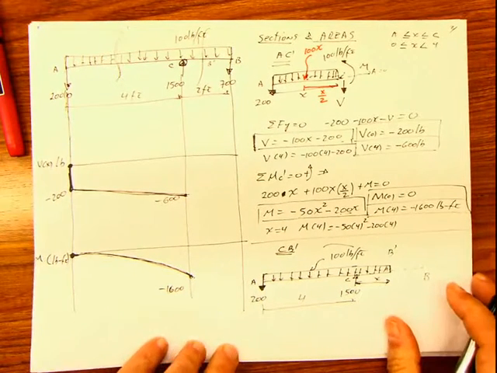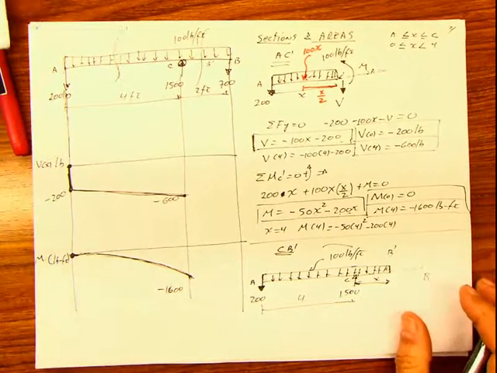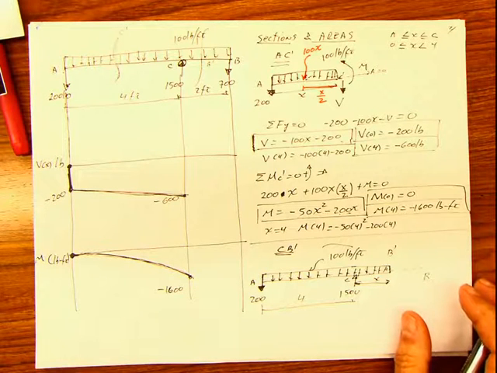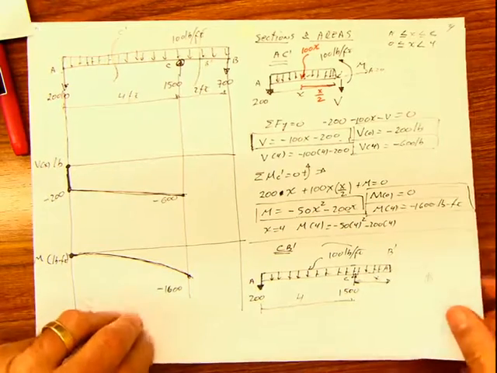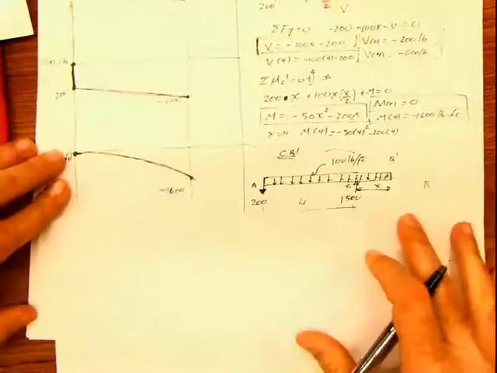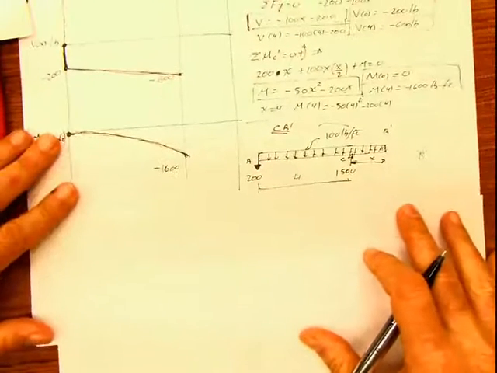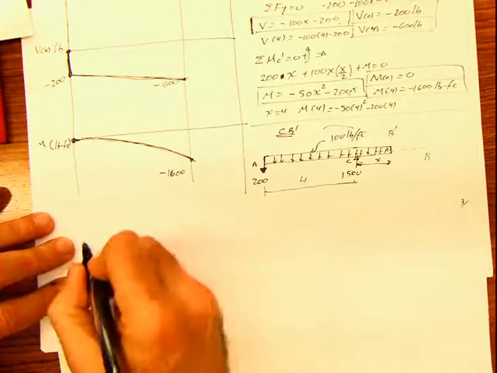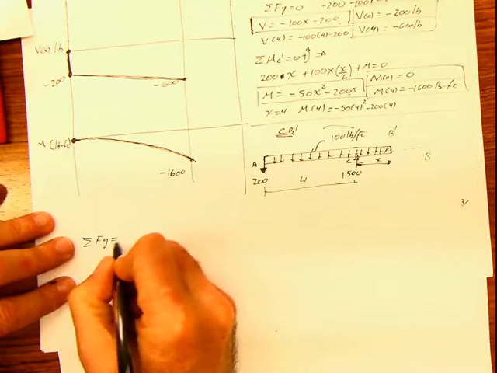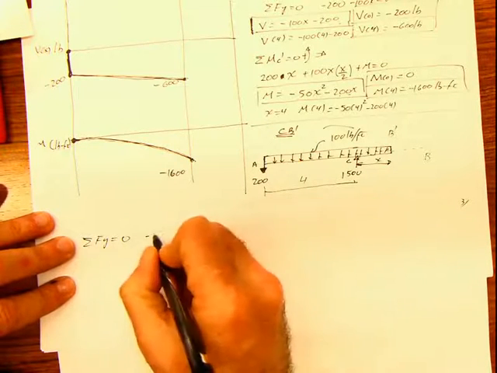So once again, we are going to do summation of forces in y equals 0. So if we do summation of forces in y, I'm going to pass this to the other side on a sheet of paper. So if I say summation of forces in y equals 0, then you have negative 200.